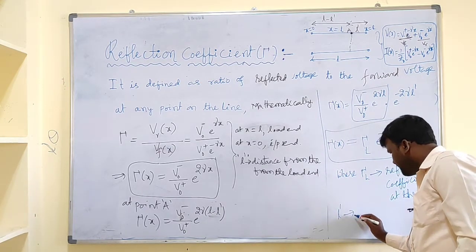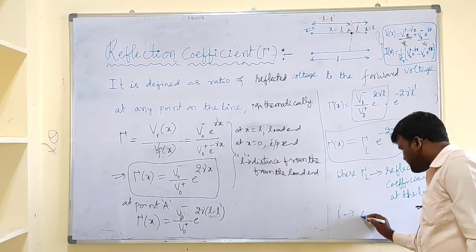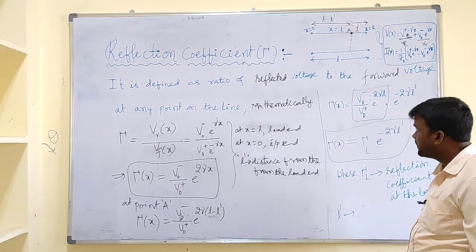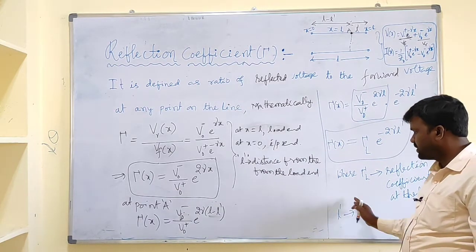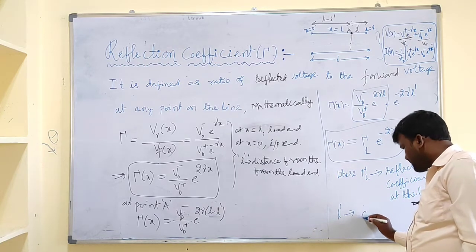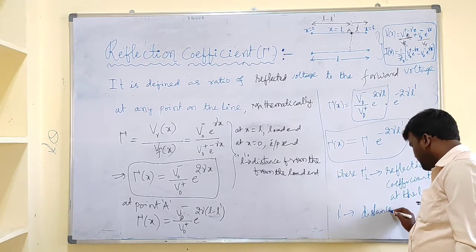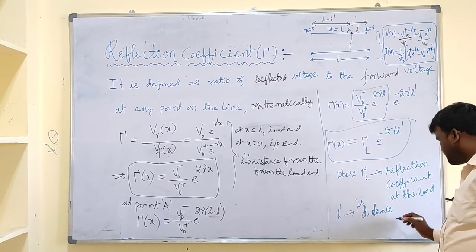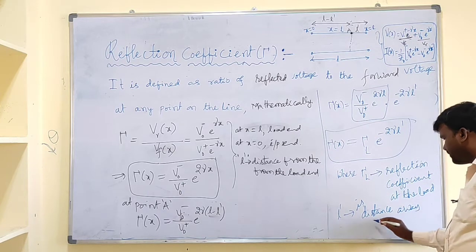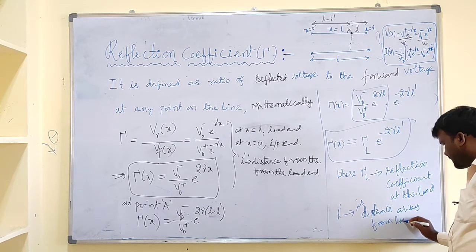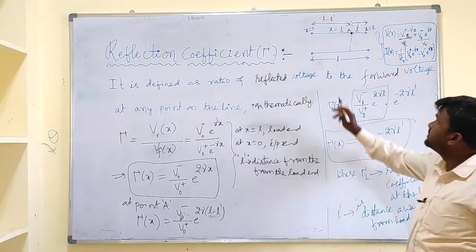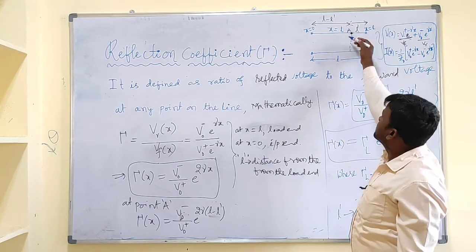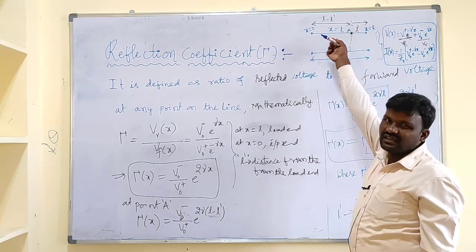L dash is the location of the point, the distance away from the load end, where we want to determine the reflection coefficient. You can take this L dash position anywhere; suppose I take it here, that is taken as L dash.